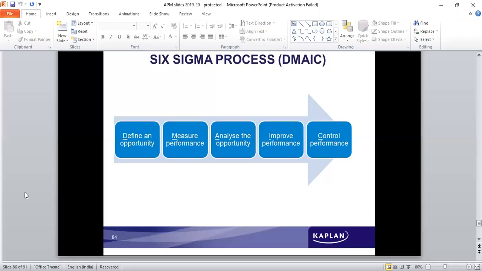Whenever there is implementation, there is also a comparative analysis, based on which there is monitoring, and feedback is given to control any kind of deviations that take place. So we now have to focus on these points. So DMAIC. All 5 points we have to address. So let's start.